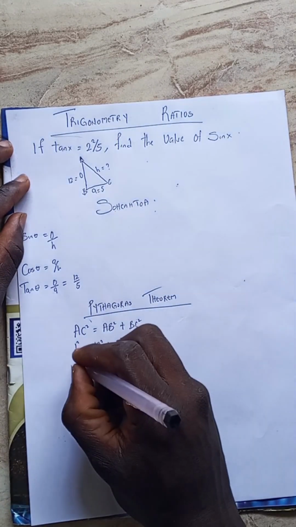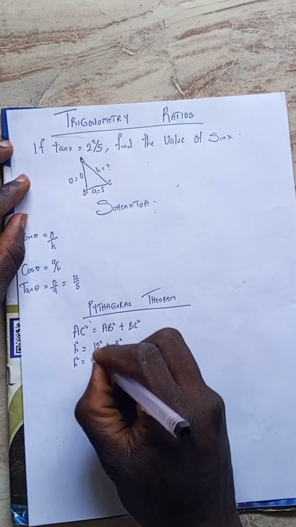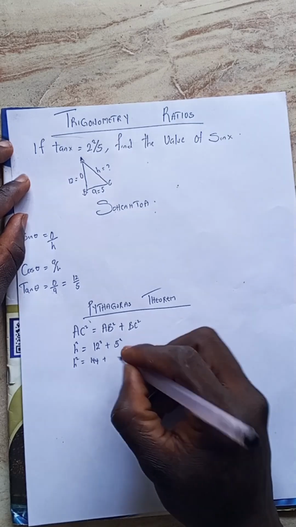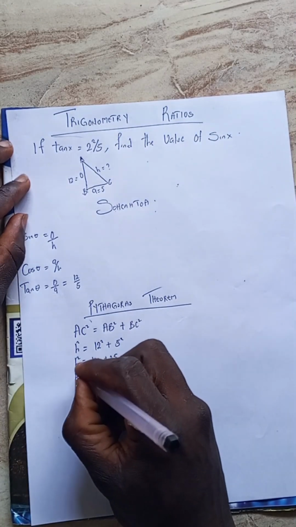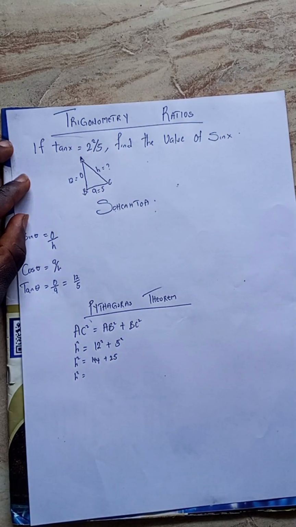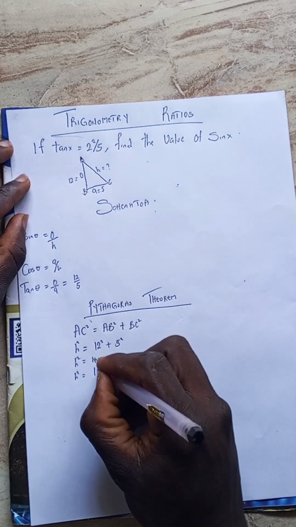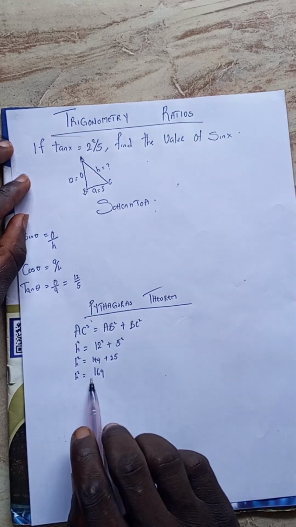So H square equals 12 raised to power 2, which is 144, plus 5 raised to power 2, which is 25. So H square equals 144 plus 25, that's 169.